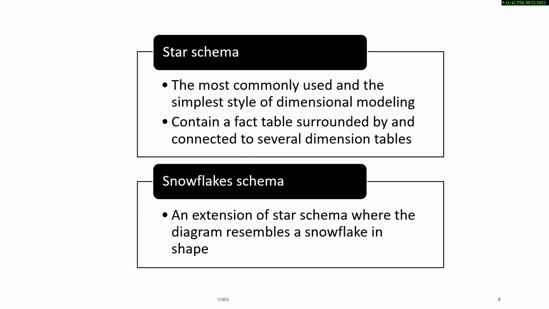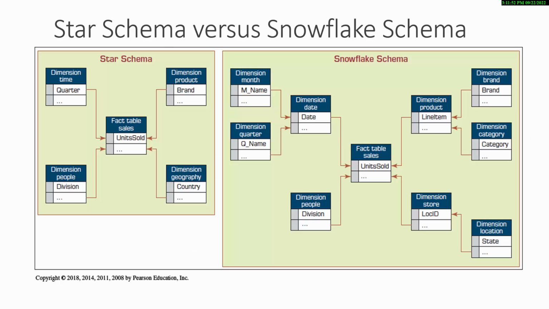Star schema and the snowflake schema are the means by which dimensional modeling is implemented in a data warehouse. The star schema is the most commonly used and the simplest style of dimensional modeling. The star schema contains a central fact table surrounded by and connected to several dimension tables.